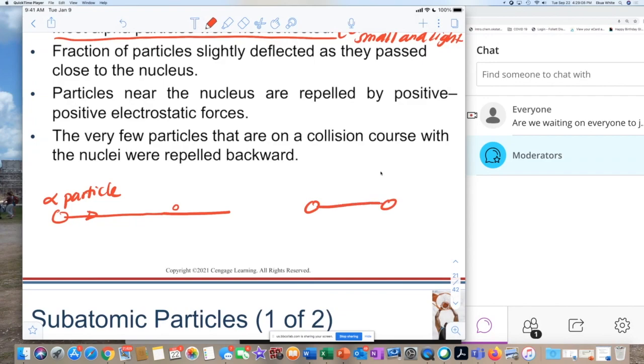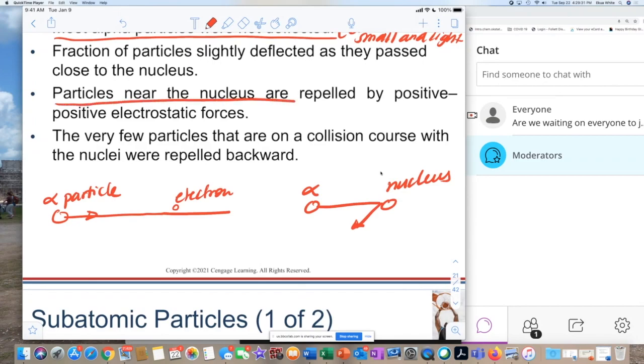And this right here is the nucleus. Now the nucleus fought back, okay? Electron is small. It's not dense. It could not fight back or deflect the particles. But the nucleus, no, it bounced back. So the alpha particle was deflected. That's how they knew the nucleus was in the middle.